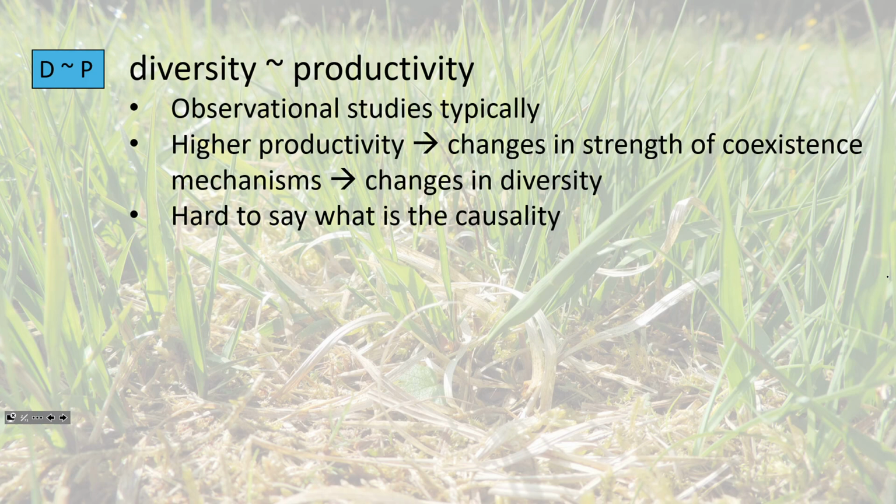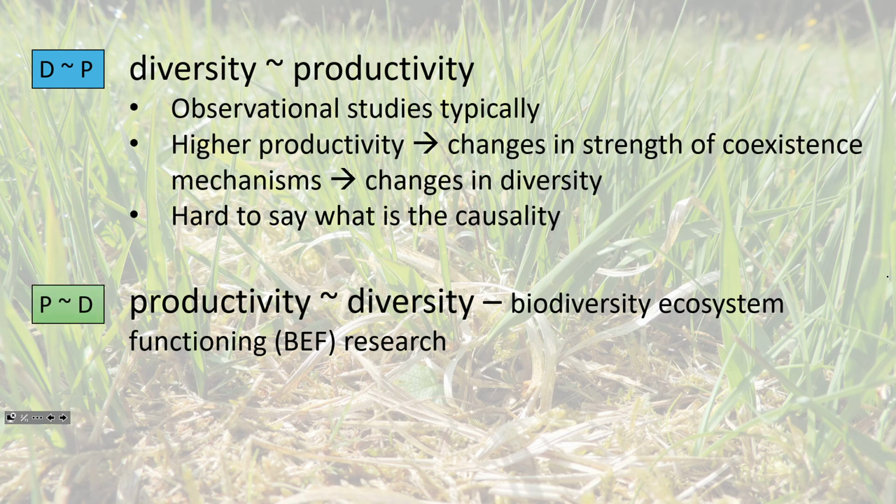However, it's hard to say if this relationship is causal because it's just observational data and you don't know what's affecting what and what the other variables in this relationship are. The other possible view is to look at how diversity affects productivity, so just swapping these two variables and asking a similar question.